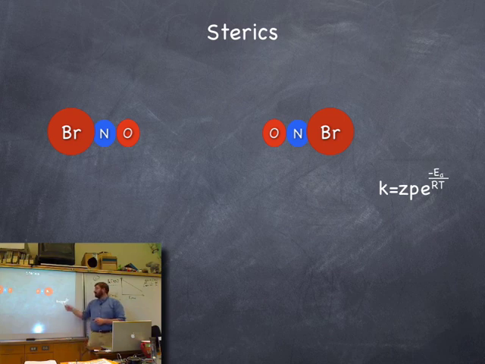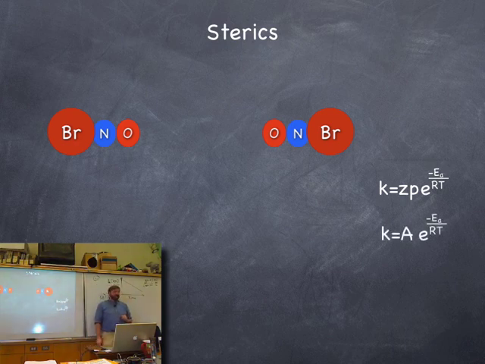So, now what we do is it is very common to combine Z and P together for a reaction into A, what we call the Arrhenius factor. So A is the Arrhenius factor. And then it is even more common to rearrange this equation so that we get these variables, the temperature and the activation energy, out of the exponent. And we do that using natural logs.